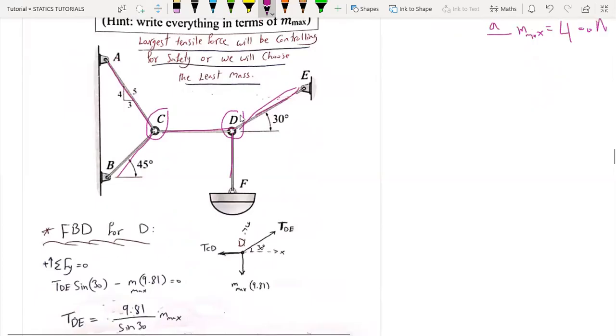So here, free body diagram for particle D, I have the tension force in cable DE and the tension force in cable CD, correct? And also I have the weight of the lamp. So M maximum multiplied by 9.81, and here the angle is given to be 30 degrees.